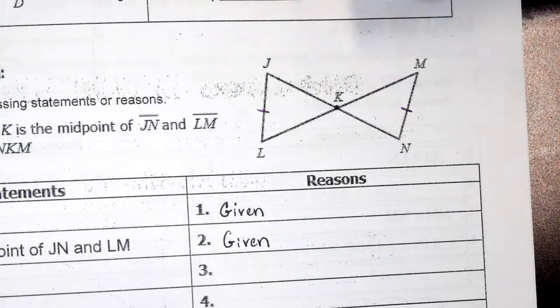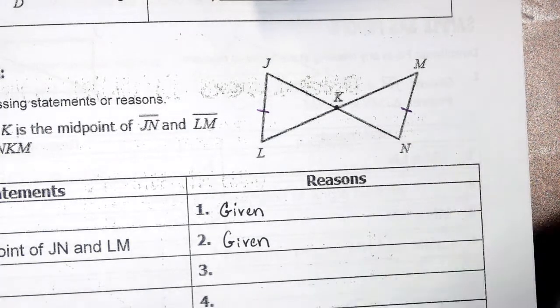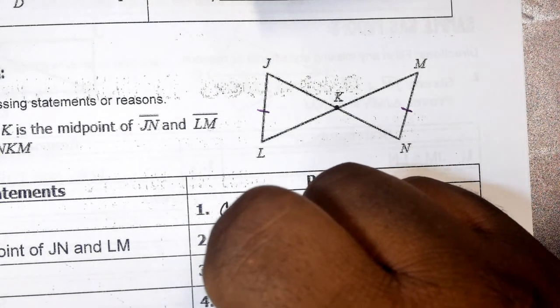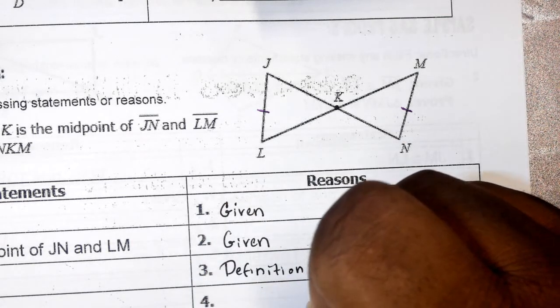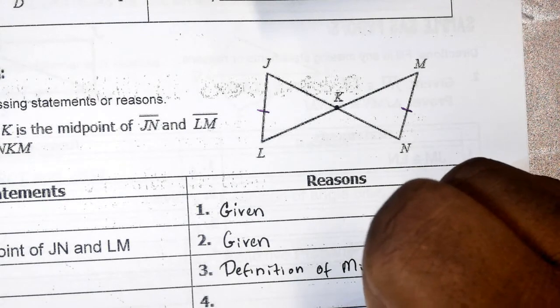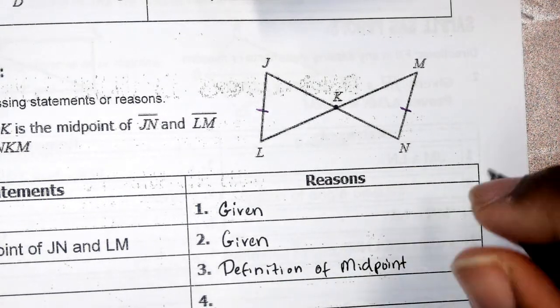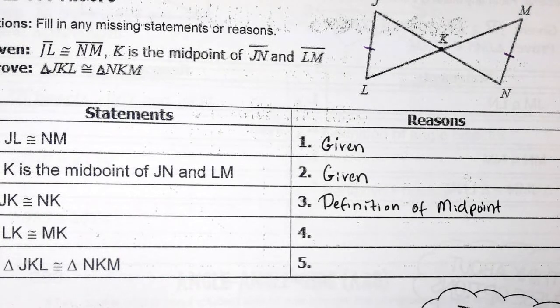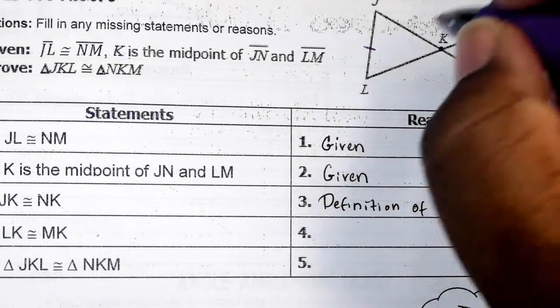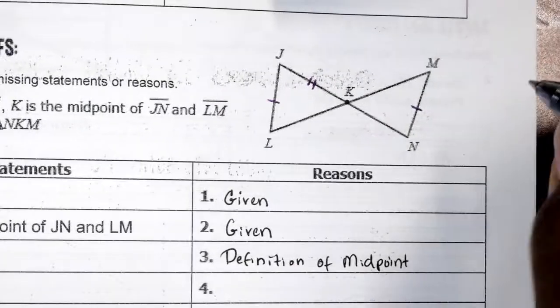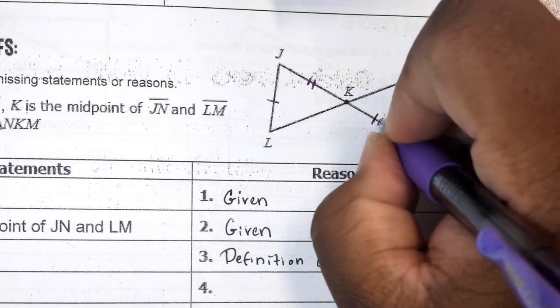This is the definition of a midpoint right here. And once you do it, anytime they call stuff congruent, you need to mark it on your actual proof. They call JK congruent to NK. I'm marking that on my proof. JK is congruent to NK.